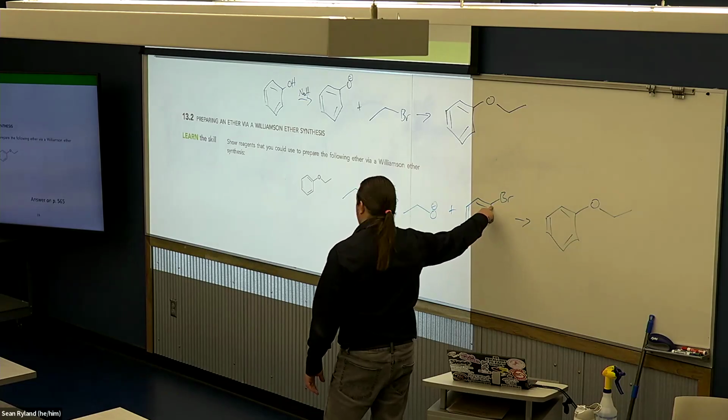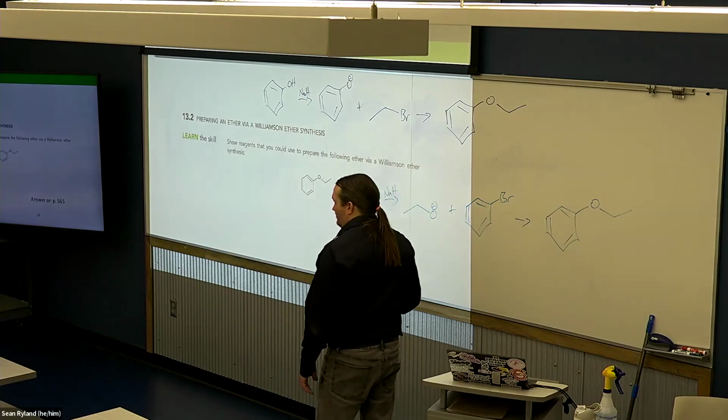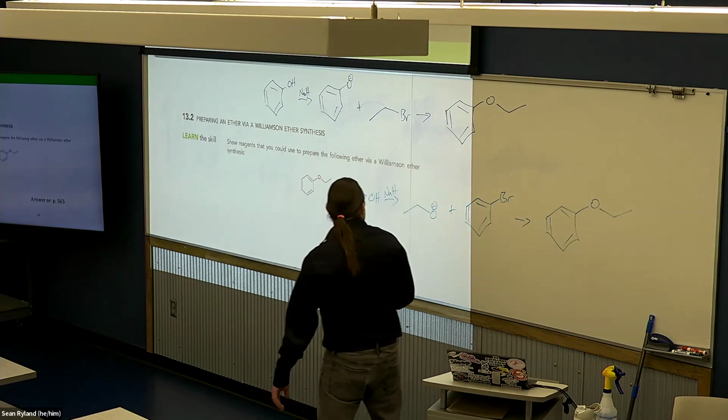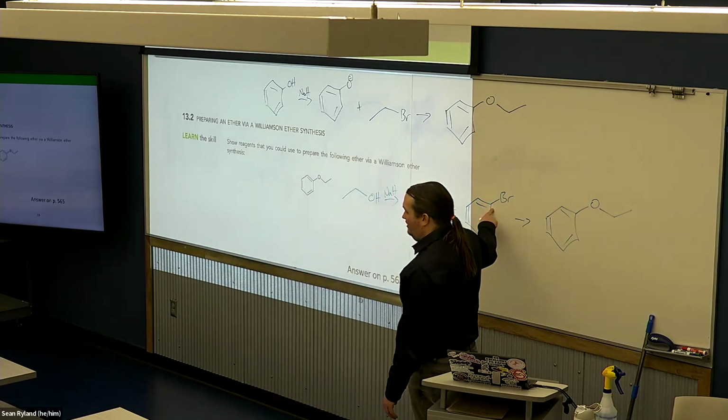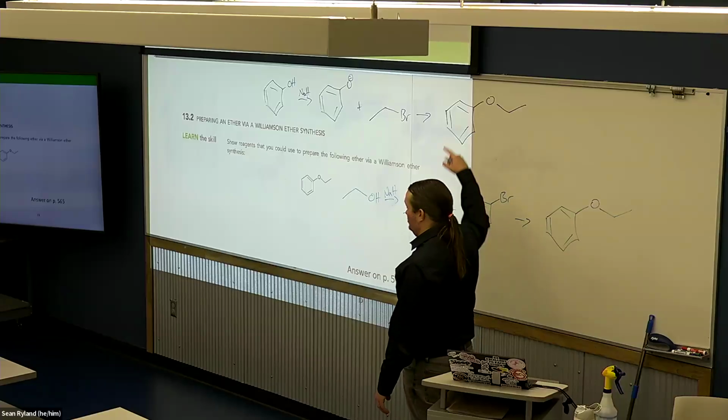Is that going to have a partial positive that's a good target for a nucleophile? There's a whole bunch of electron density here. So basically, benzenes are not going to be good targets for SN2 for nucleophiles. So that answers our question about which way makes more sense.